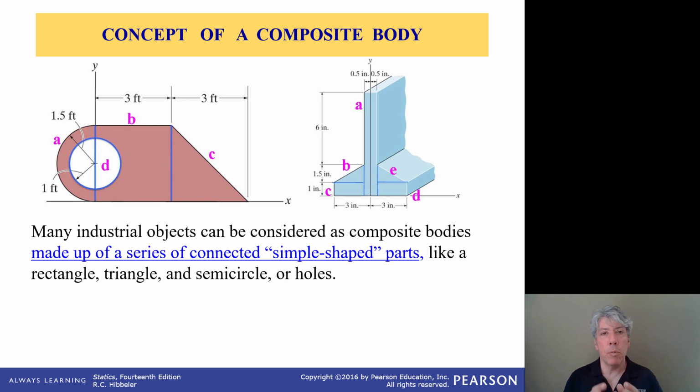So we can break down more complicated shapes into simpler shapes and use information about how much area or weight or whatever it may be that each has, and the known location of the centroid of each of those pieces, take the moment of each of those and therefore find the centroid of the more complicated shape, or in this case, area.